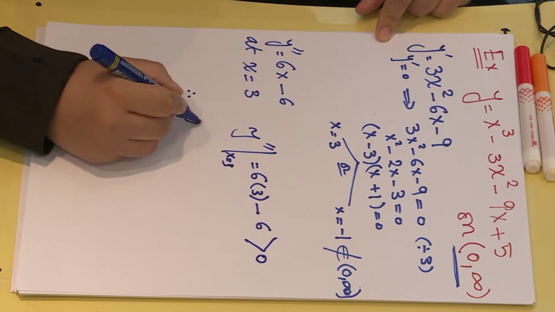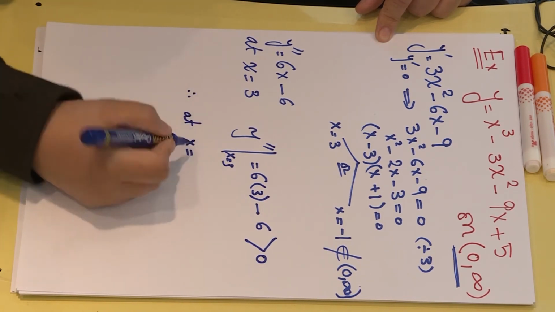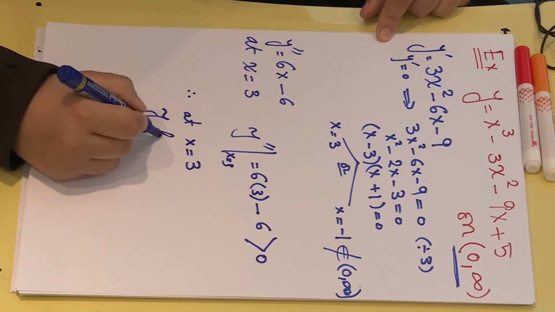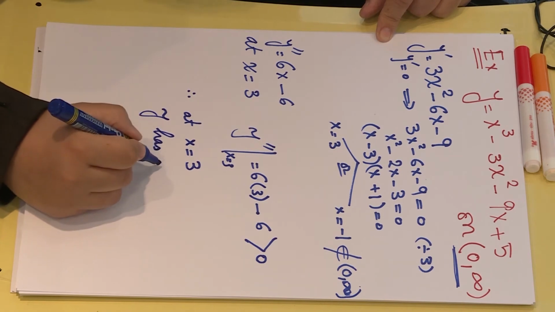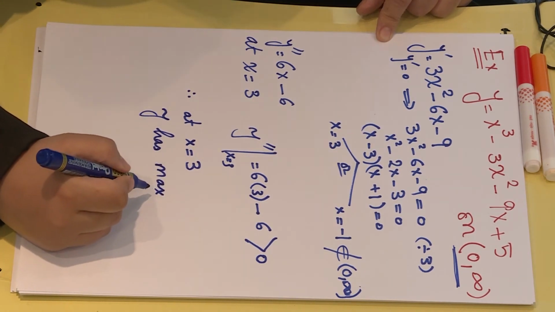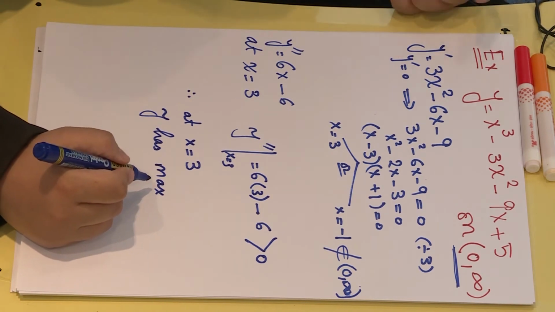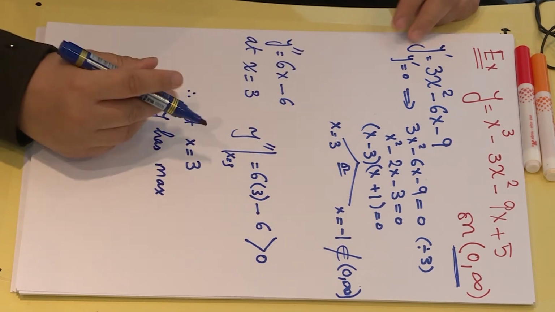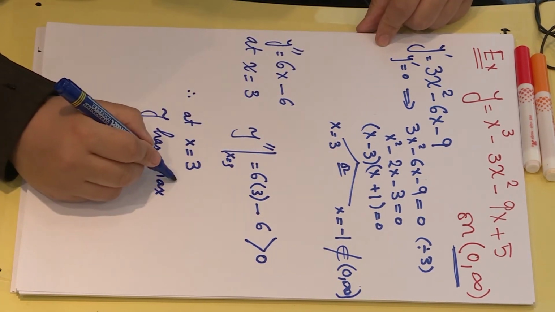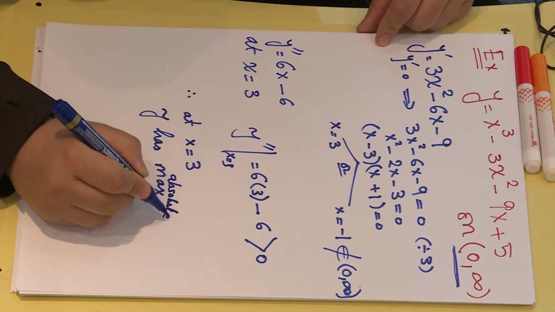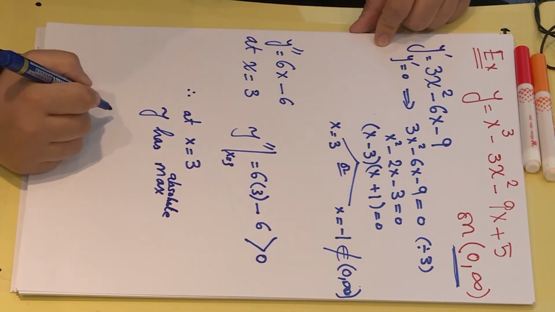Therefore, at x equals 3, y has a maximum value. In fact, it's not a relative maximum because it's the only value on the given interval. There is no other, so we can call it even absolute maximum. Okay, thank you very much.